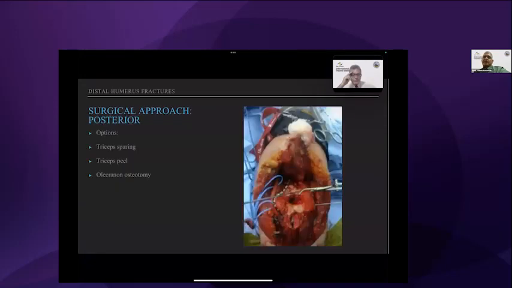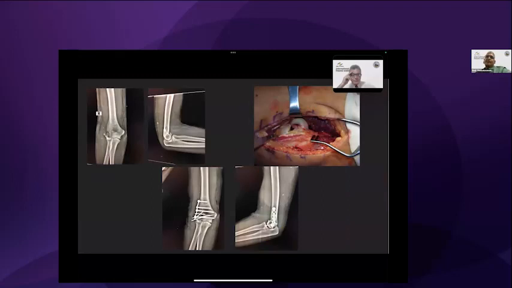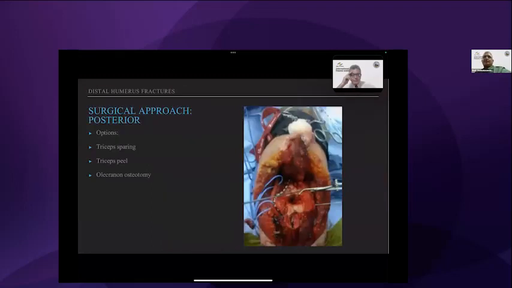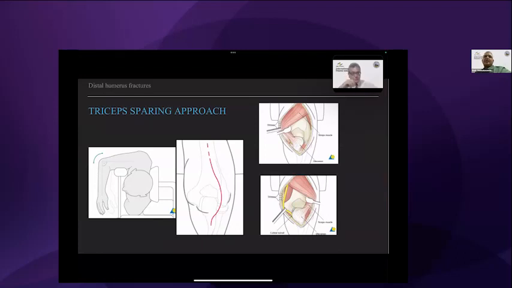There are several surgical approaches. One is the lateral approach, used exclusively for lateral condyle fractures, and the posterior approach for all types of distal humerus fractures. Even in posterior approaches, I use mostly the triceps sparing approach. I use the lateral decubitus position with the hand hanging over the support.